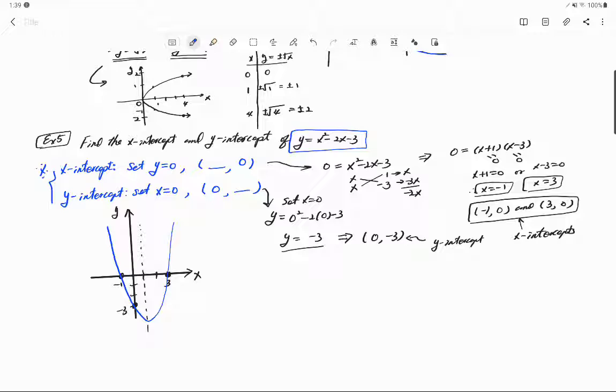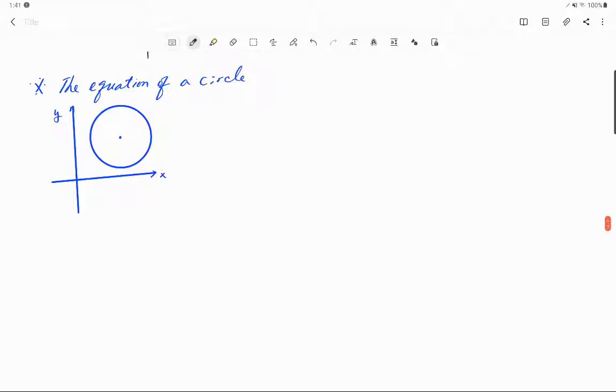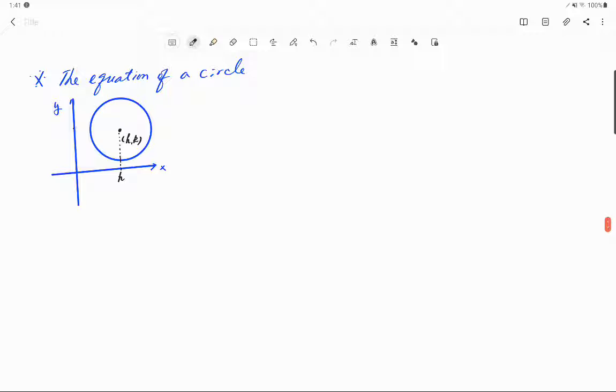Okay, the next example is about a circle. The equation of a circle is this. Let's say this is the radius, and this is the center. The center is h and k. The x coordinate of the center is h, and the y coordinate is k. The radius is the distance from the center to the graph.